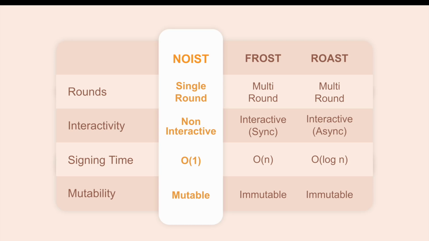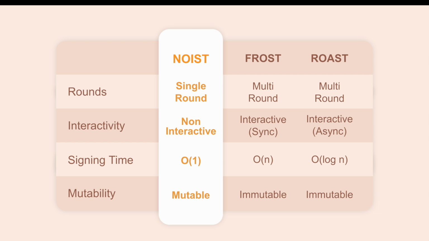And in terms of mutability, well, Frost and Roast are set in stone, like the quorums. I'm talking about the signatories, the quorum. When the shares are distributed, the quorum is set in stone, I mean Frost and Roast as they're described. It's immutable.